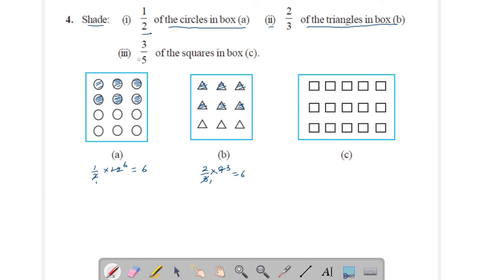Now C part, that is third part. 3 upon 5 of the squares in box C. Here how many squares are there? 1 2 3 4 5. 5 threes are 15. Here you have to say 3 upon 5 into 15.